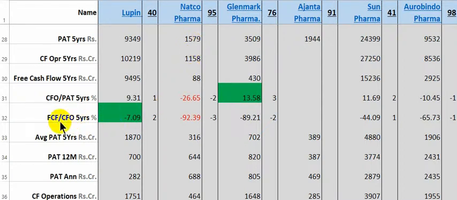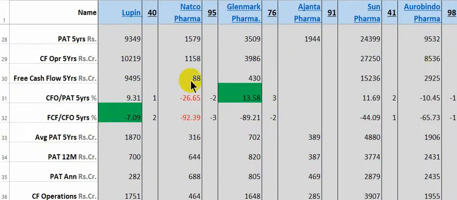In terms of free cash flow to cash flow from operations over the last 5 years, Natco Pharma has done the worst, with approximately 8% left out of its cash from operations.